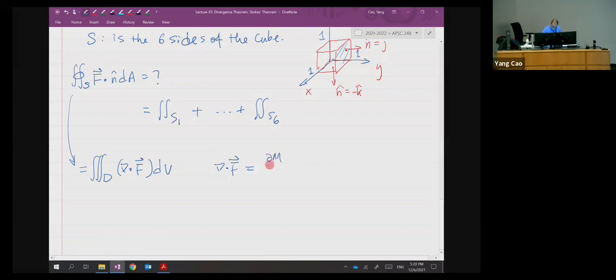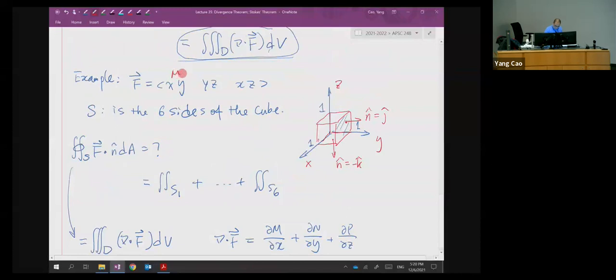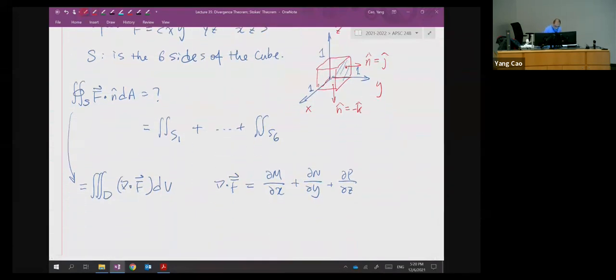Again, this is a formula, so divergence gives you a scalar quantity. It's partial m, partial x, plus partial n, partial y, plus partial p, partial z. So this is your m function, this is your n function, this is your p function. So calculate 3 partial derivatives and add them up.